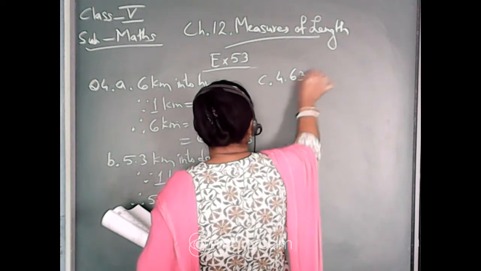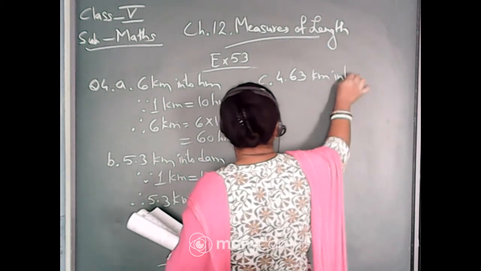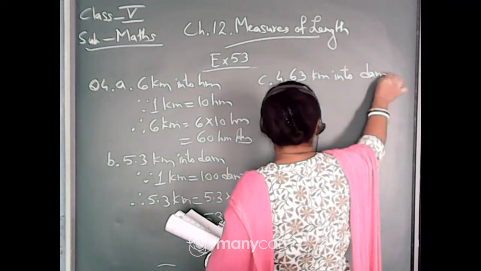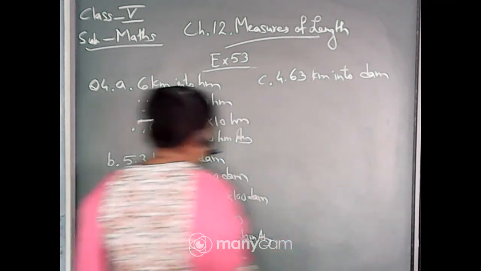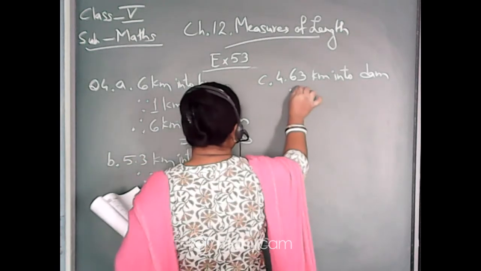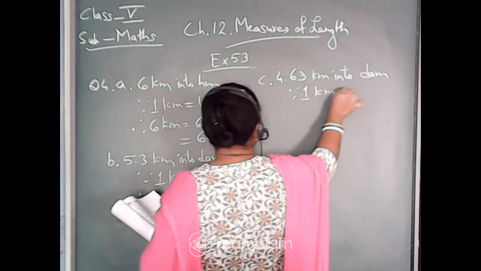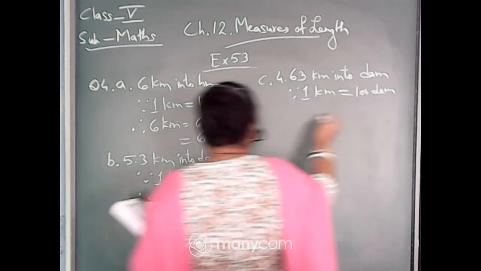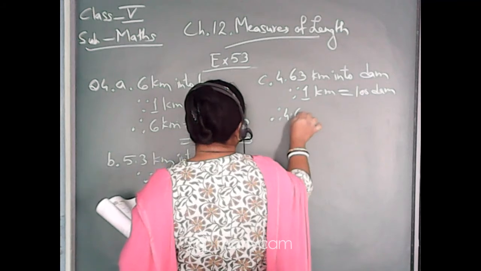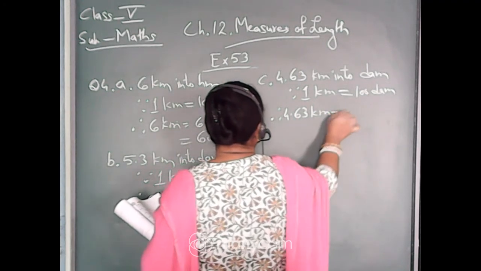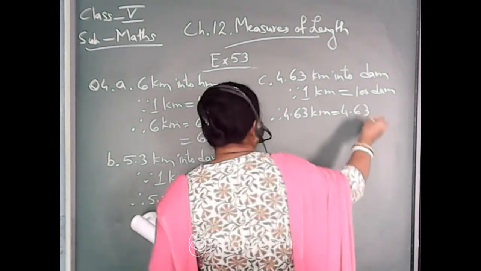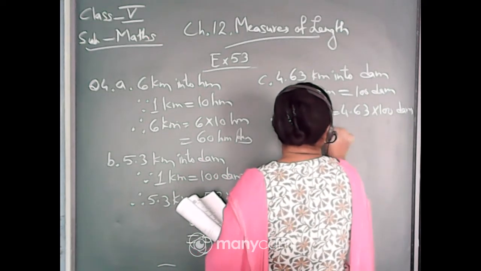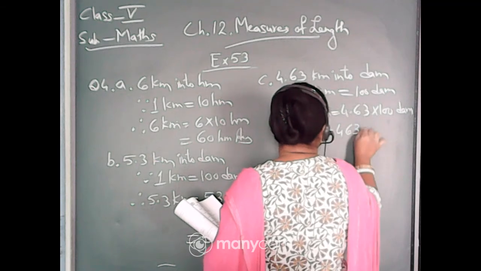Again from kilometer to decameter, just as we have done in question number B, since 1 kilometer is equal to 100 decameter, therefore 4.63 kilometer is equal to 4.63 into 100 decameter, which is equal to 463 and 2 zeros.